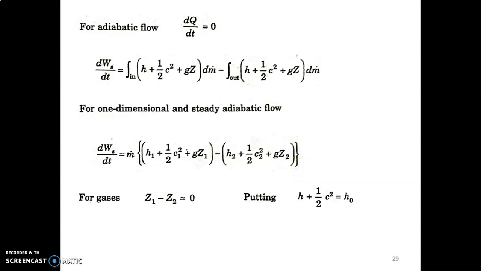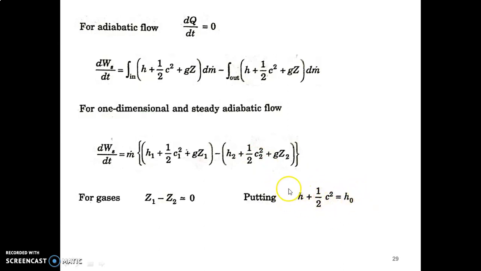Now the things remaining will be h1 plus half c1 square in brackets, minus h2 plus half c2 square in brackets. This whole term, h1 plus half c1 square, and also h2 plus half c2 square, can be commonly written as h0. So h plus half c square is h0.